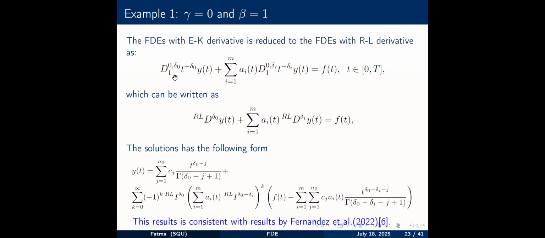If we consider the multi-term derivative again, this part is just reduced to the Riemann-Liouville derivative, and we get this problem. We use the theorem, and by using the theorem, we get this series solution. This result is consistent with the results found by Aleroev and his co-authors. So our result here is the same as the one in the literature.